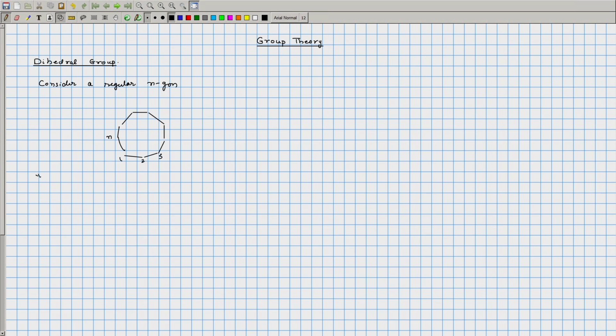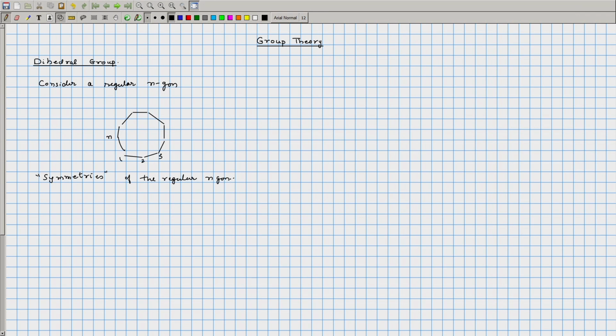We are interested in symmetries of this polygon. By symmetries, what we mean is all those rigid motions which will leave this polygon in the same location, it will leave the polygon unchanged.